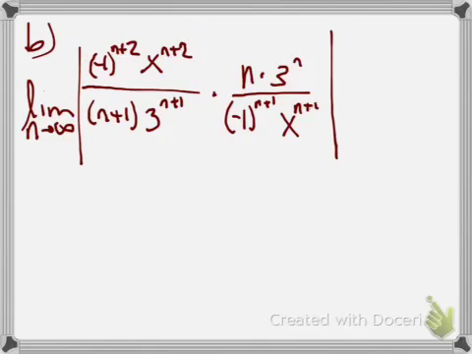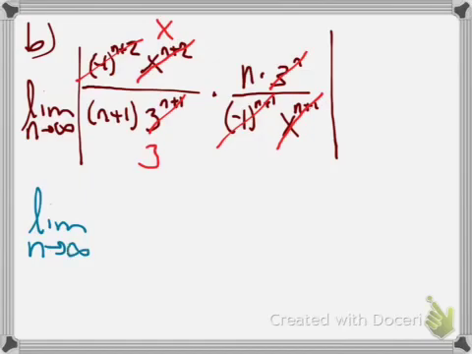So these are going to go away because of the absolute value symbols. Those don't need to be there. The x to the n plus 1 and x to the n plus 2 are going to cancel, leaving just an x up here. This is going to cancel with this, leaving just a 3 down over here. And so then this becomes the limit as n approaches infinity.